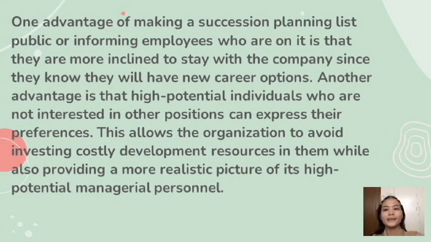Another advantage is that high potential individuals who are not interested in other positions can express their preferences. This allows the organization to avoid investing costly developmental resources in them while also providing a more realistic picture of its high potential managerial personnel.